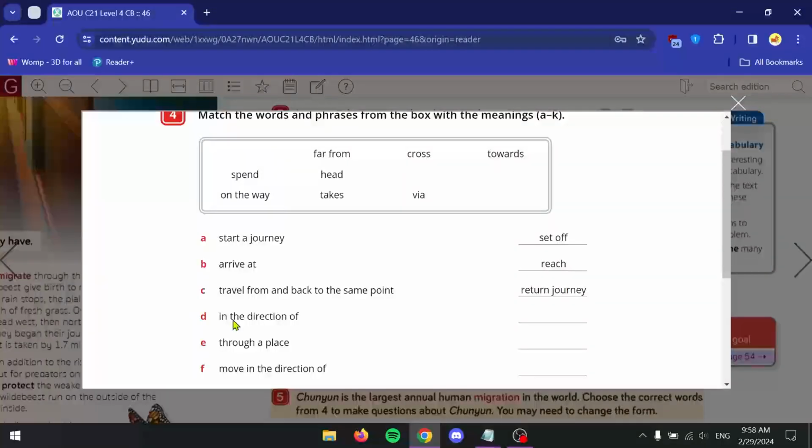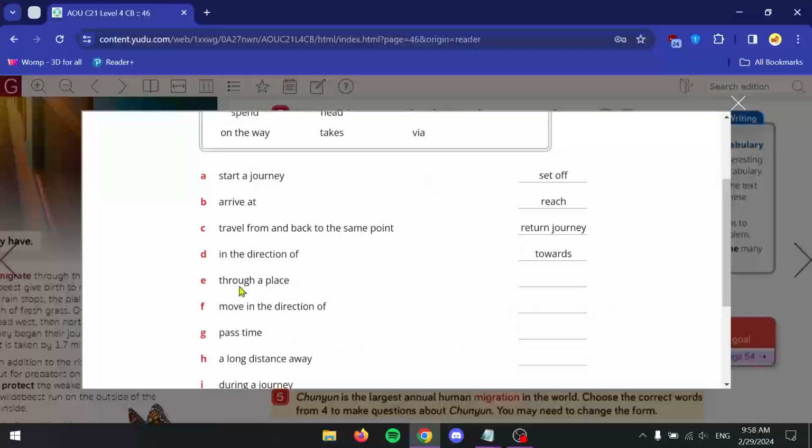In the direction of, that would be the word towards. I'm moving in the direction of, and towards, same meaning. E, through a place. Okay, this one's pretty interesting. Through a place is via. So basically what it means is, say there's a bridge.